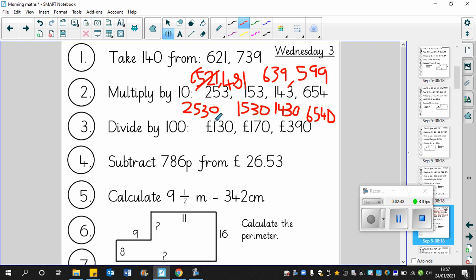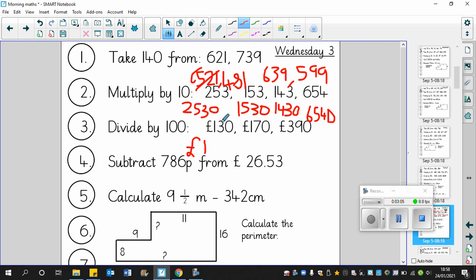Remember, when you divide by 100, any digit that's in the hundreds column moves 2 places into the ones column. So therefore the 100 there would end up as being £1.